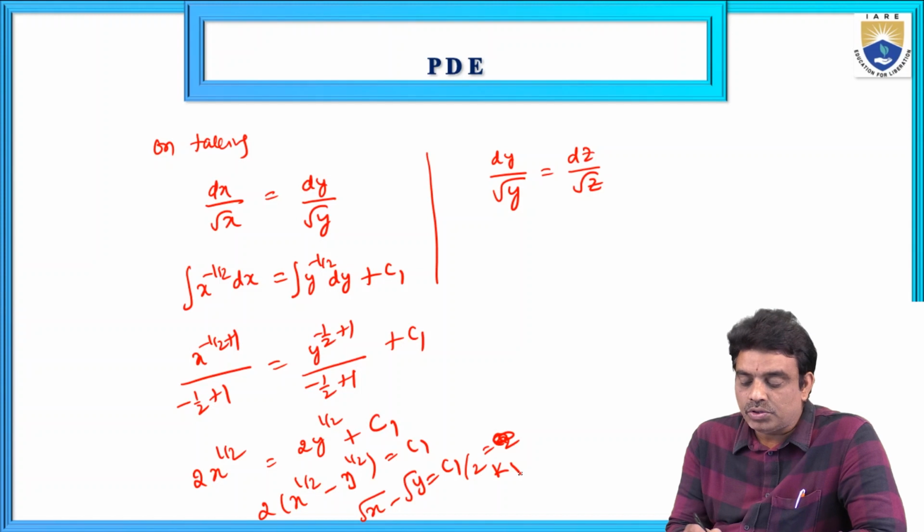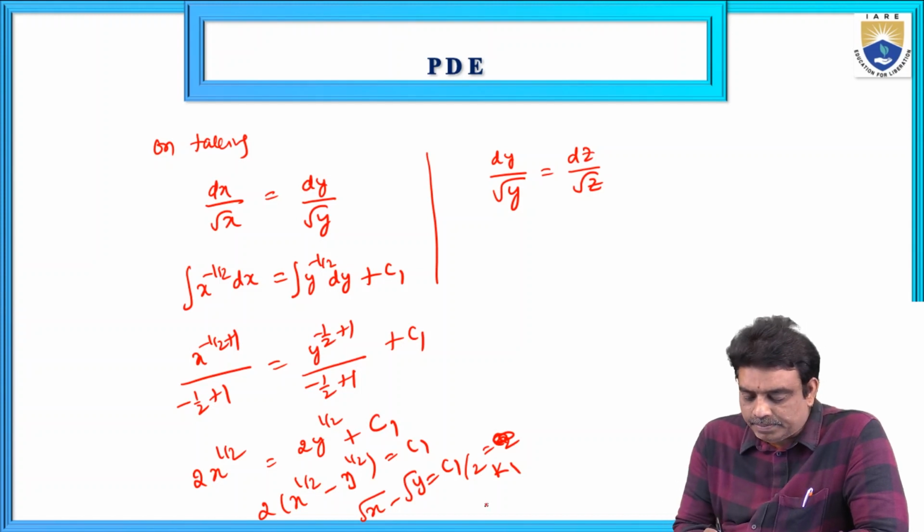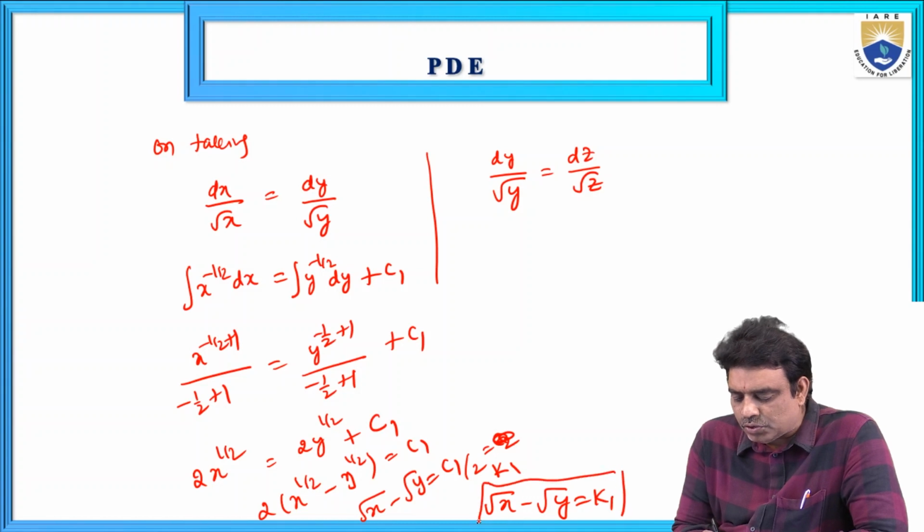So what is the first solution? Root x minus root y is equal to k1. This is the first solution.